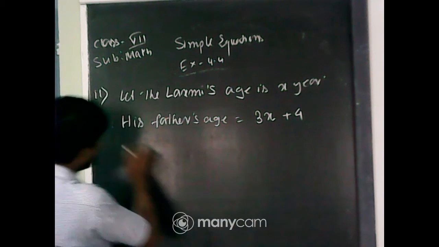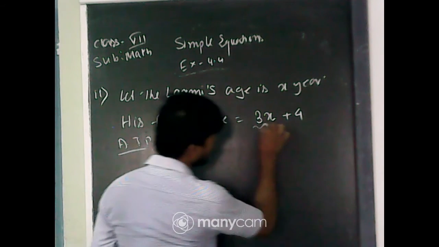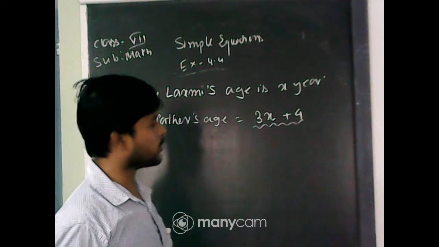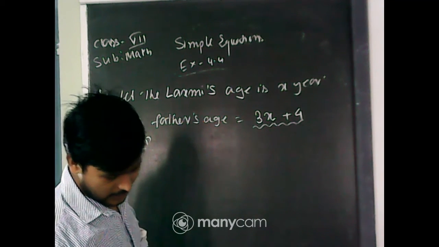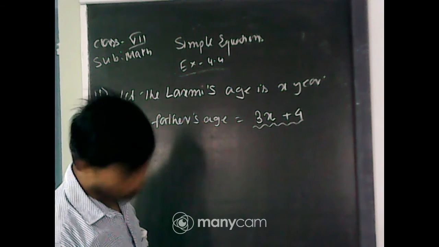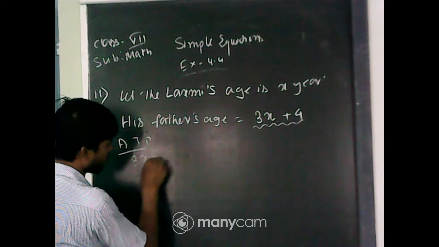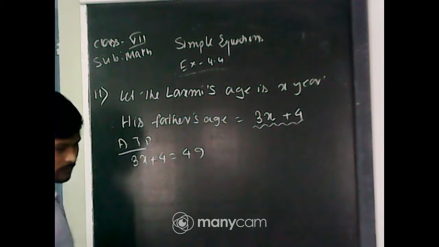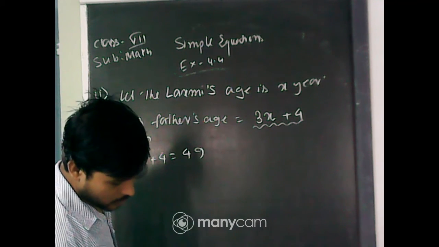Okay, so according to the problem, this is the age of Lakshmi's father, but in your question it is given that Lakshmi's father is 49 years. So according to the problem, 3x plus 4 is equal to 49. Now from here we have to find the solution.